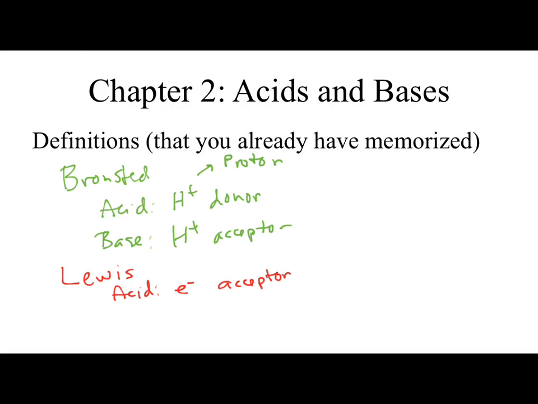Well, what does a proton need to stabilize? Electrons. So a proton is effectively an electron acceptor. If we look at the base, perhaps a little bit easier to see, a base is going to be an electron donor. It's sharing electrons with H+, just like up in the Bronsted definition.